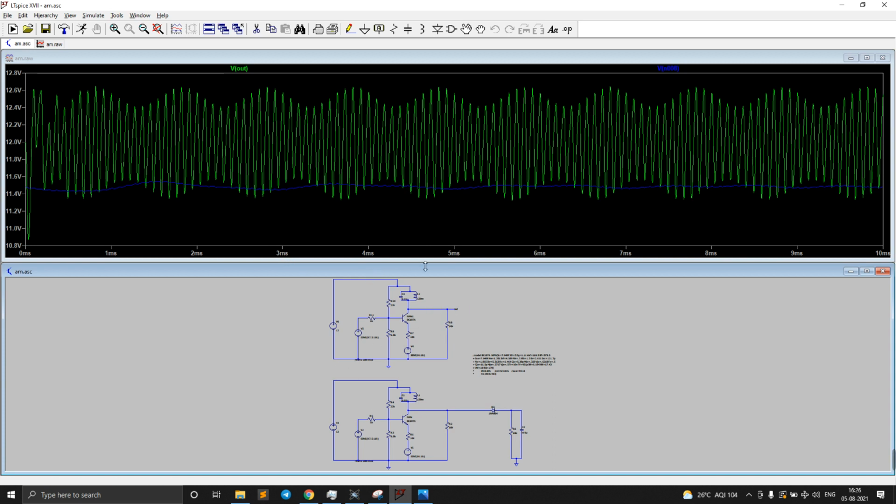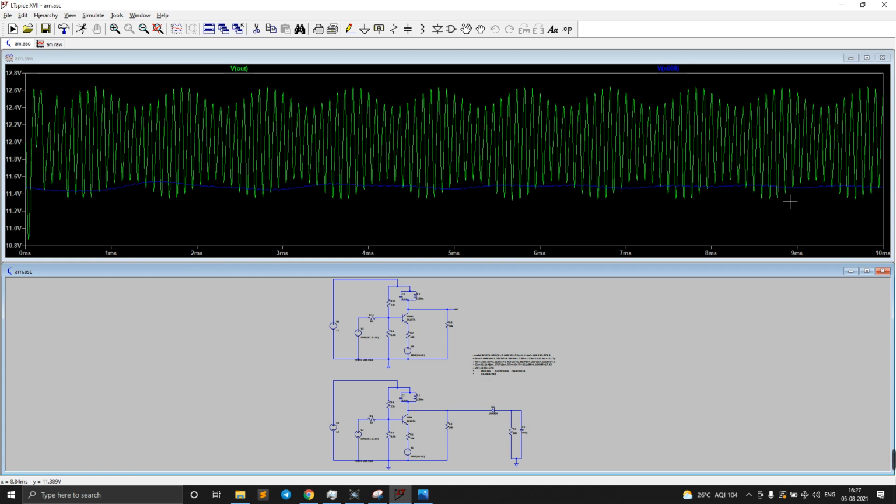So here this is the Vout. Here we are getting the AM generated signal, and here we can see this is basically the envelope detector. So what is this envelope that will be detected?